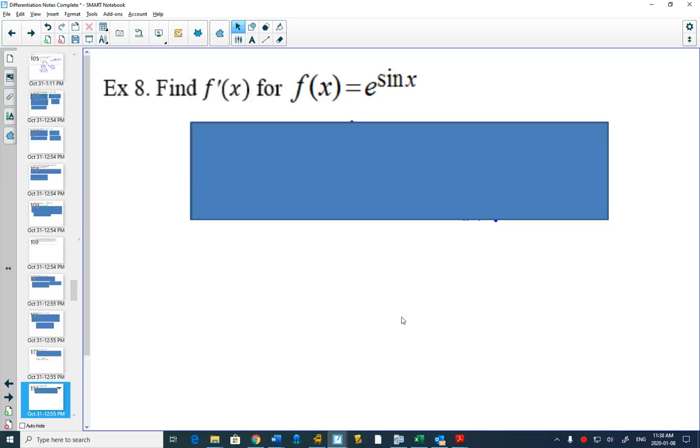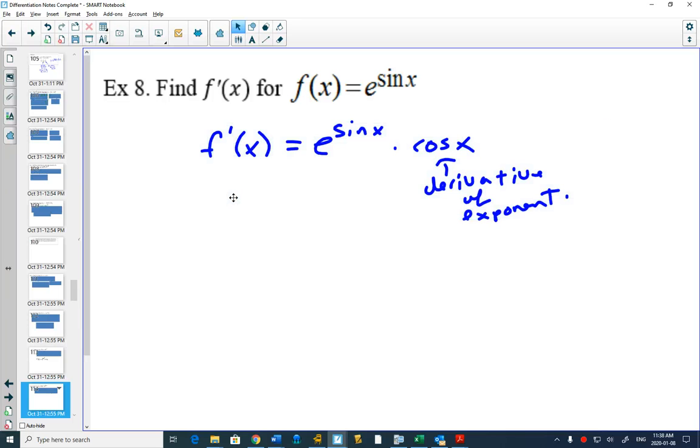And how did you do? Kept e to the sine x the same, then the derivative of the inside function is just cos x.